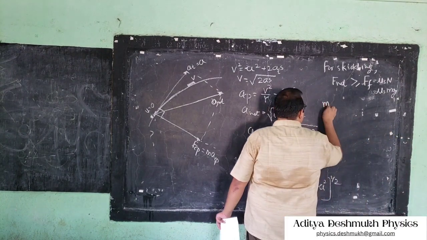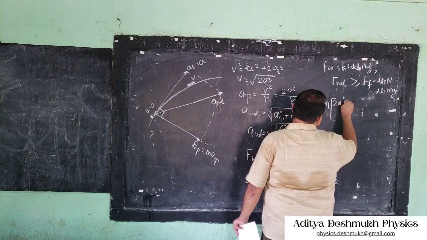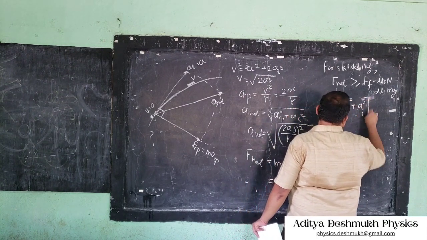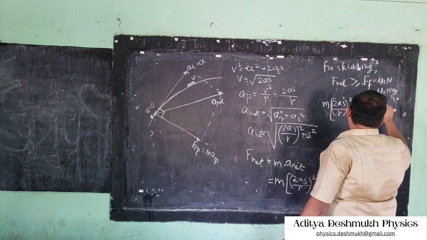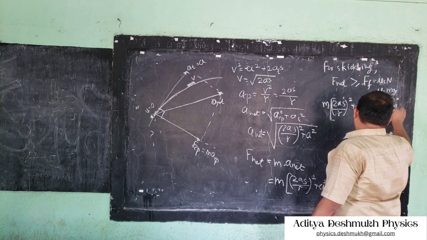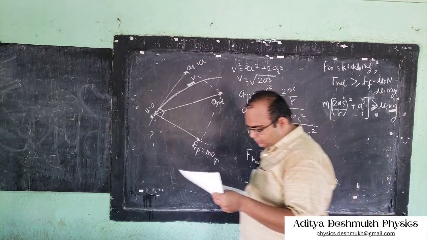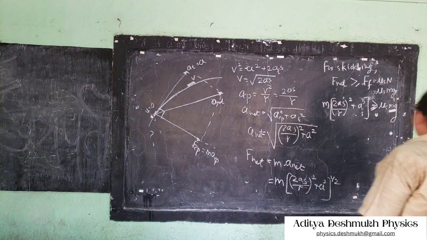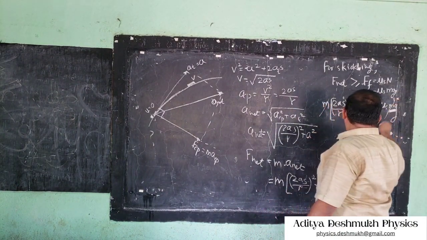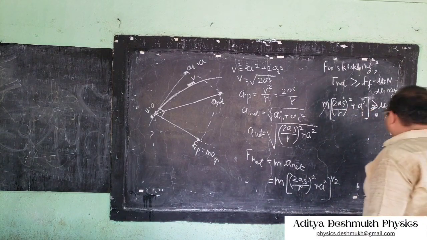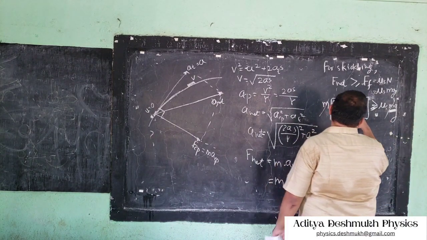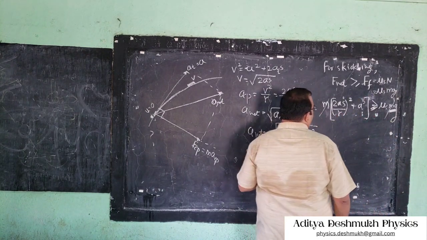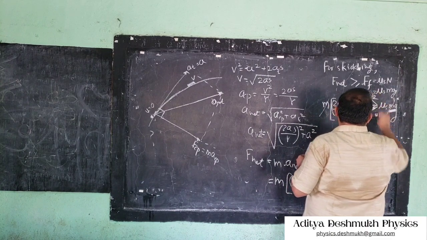So m into ((2as upon r) square plus a square) raised to 1 by 2 should be greater than or equal to mu_s mg. m will get cancelled, and if I take this a to the other side, this is raised to 1 by 2.